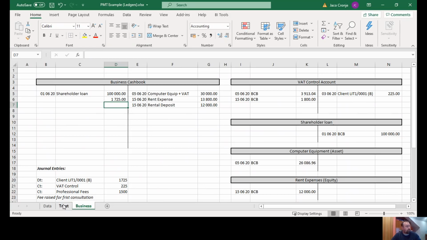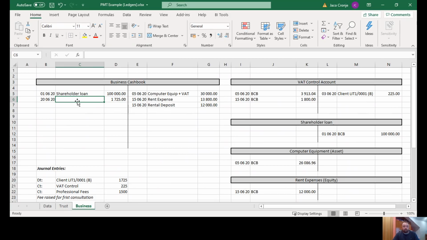Think about it. If you go into your internet banking, if you pay from your trust account into your business account, then the amount will be a debit in your business account. So that is on the 20th of June 2020.